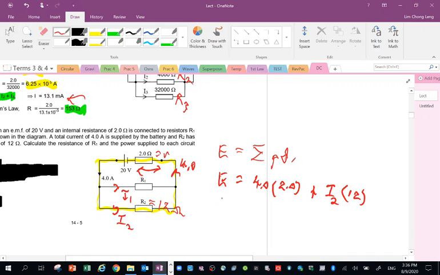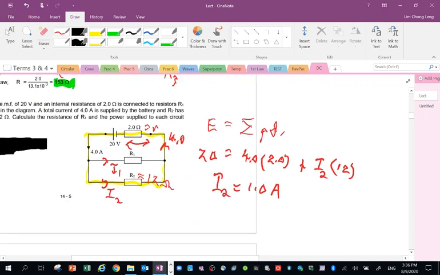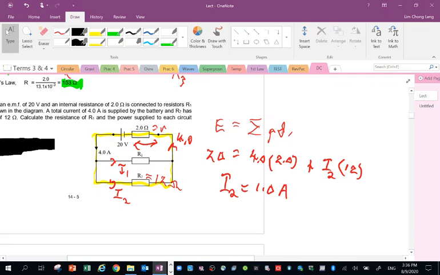So if I manipulate this, my I2 will turn out to be 1.0 ampere. So when I2 is 1.0 ampere, I actually know the PD across AB already.